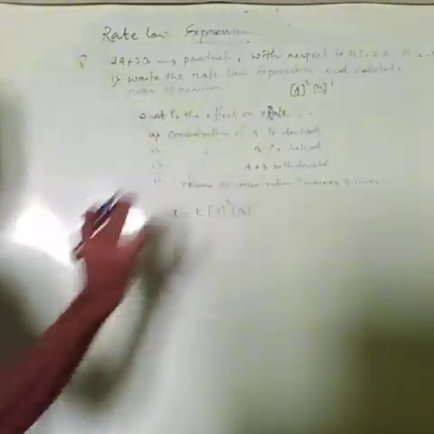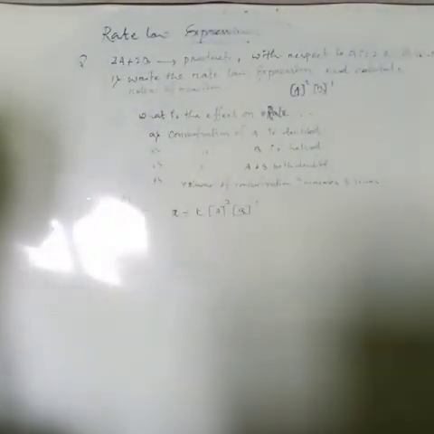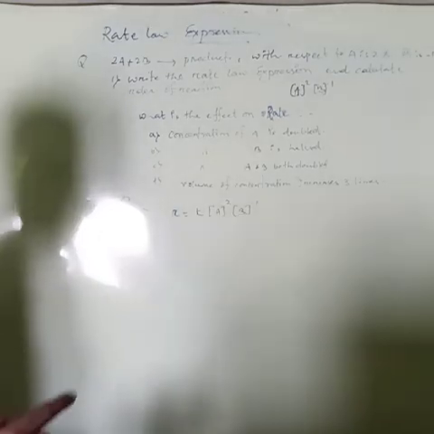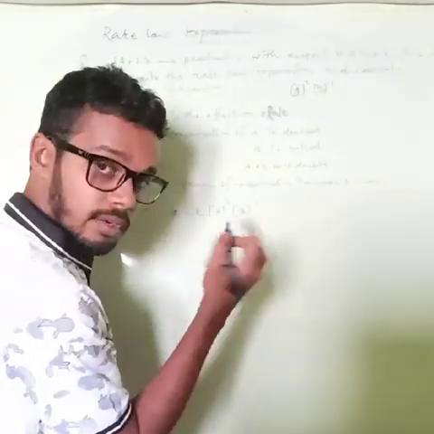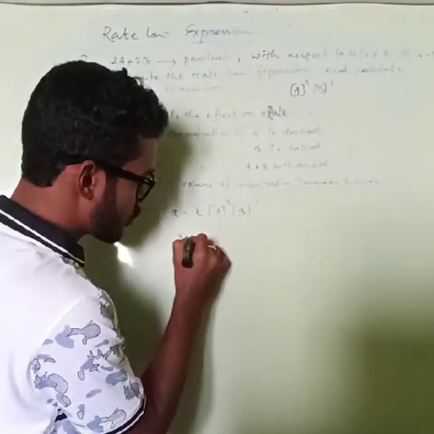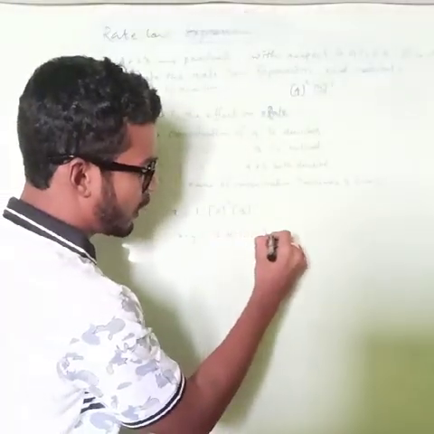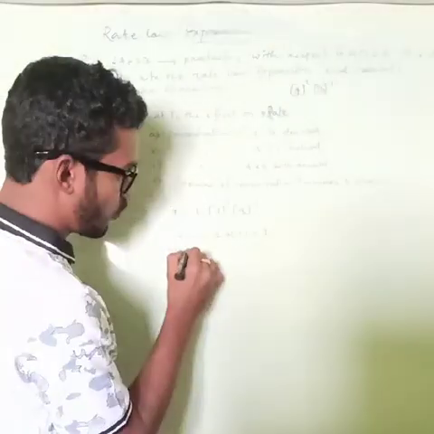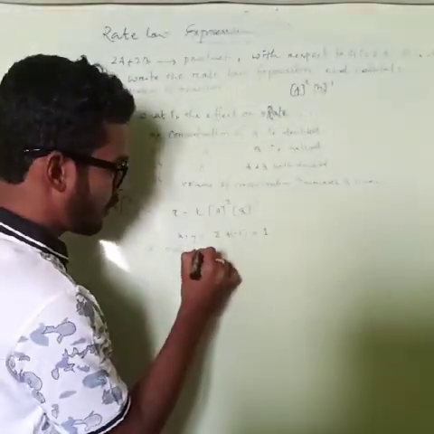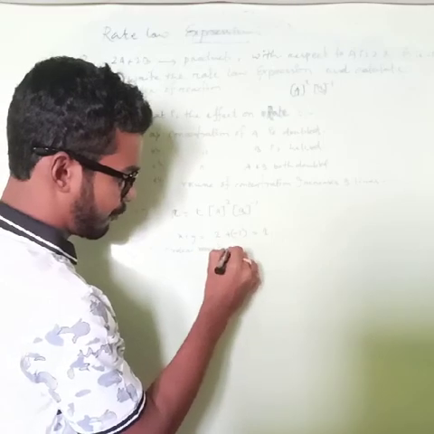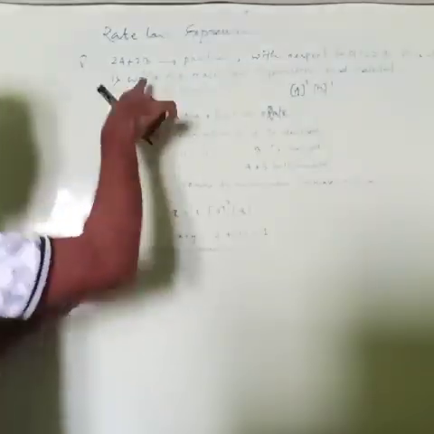Consider this the initial rate. What is the order of reaction? Order is always, as I already told you, x plus y, here 2 plus minus 1, which equals 1. That means the order of reaction is 1. It is a first order reaction. This is the answer of the first part.